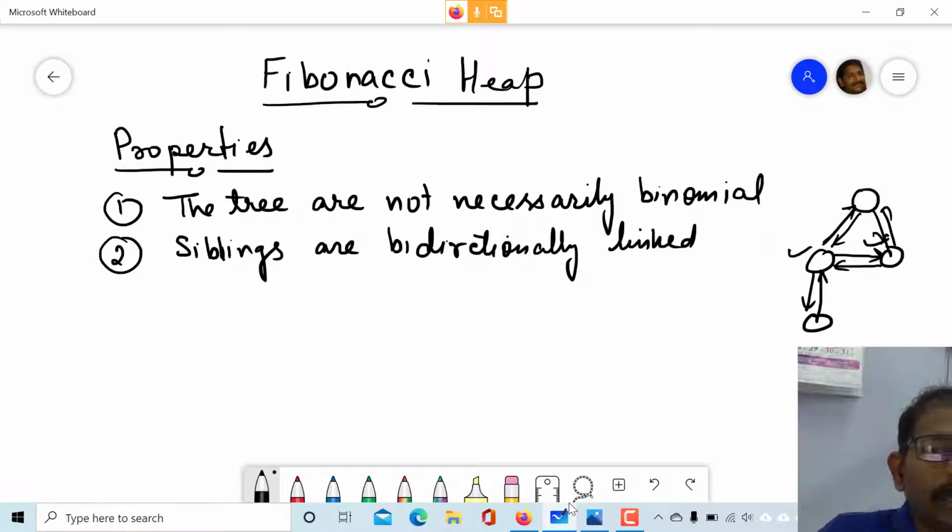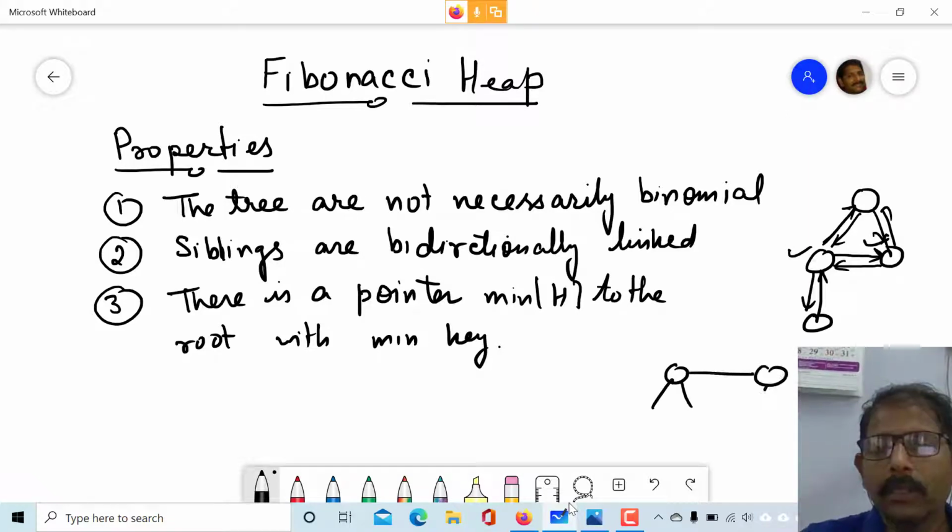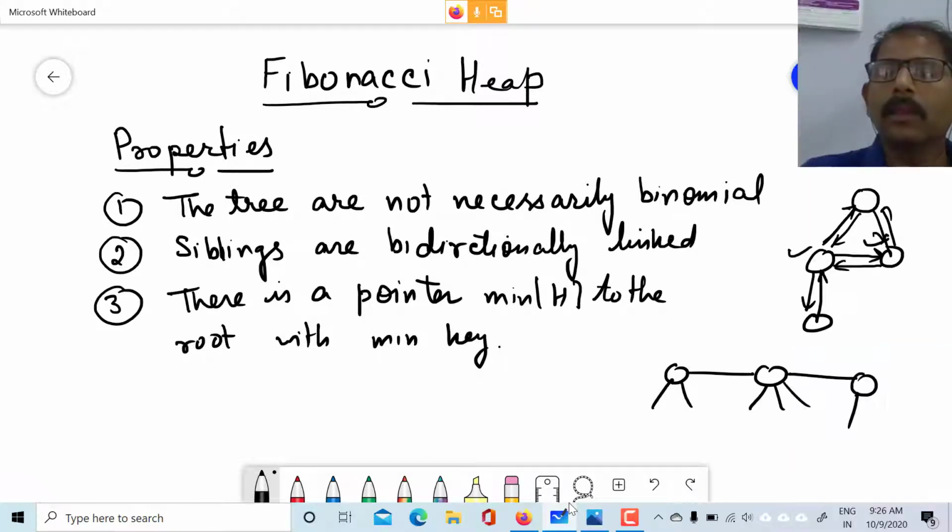The next property: there is a pointer min to the root with the minimum key. This is a very important property. Suppose many trees are linked to each other, just like this. These are three heaps and they are linked together.